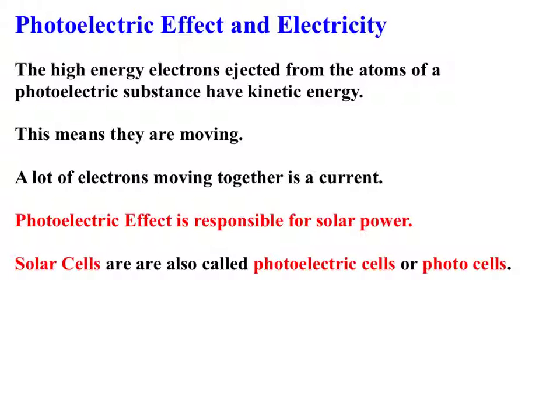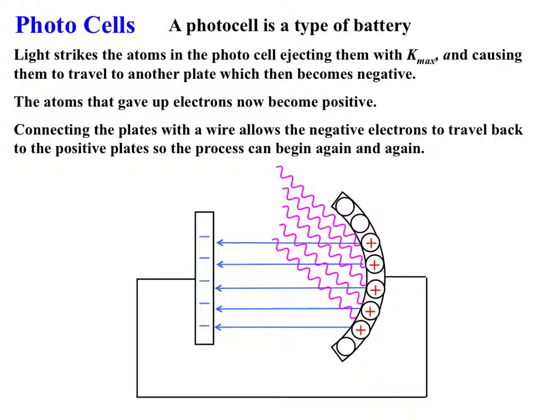Now we said that these electrons that leave the atom are moving, and several moving electrons together are going to produce a current. That means that this photoelectric effect is responsible for solar power. Solar cells are also photoelectric cells, or photocells. So light's going to come in, hit this photocell, and with enough energy, kick off some electrons.